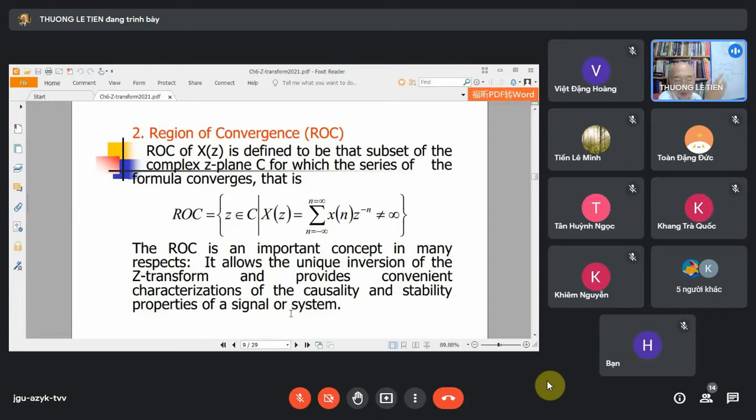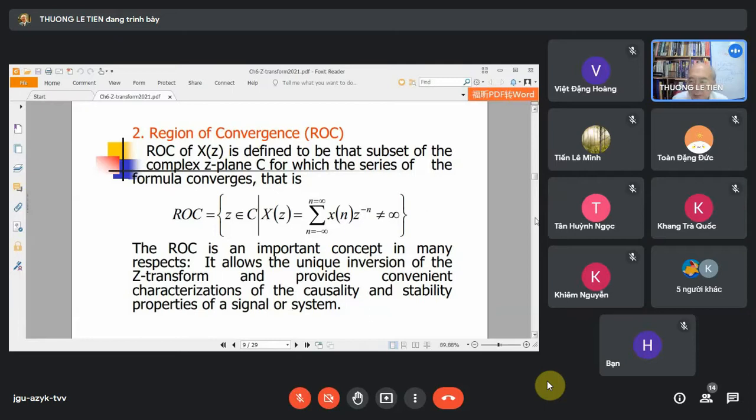That also means for a given Z function, if we want to take the inverse Z transform, the solution is not unique. It is unique only when we specify its region of convergence. When we know its region of convergence, we can work out the unique solution for the inverse Z transform.